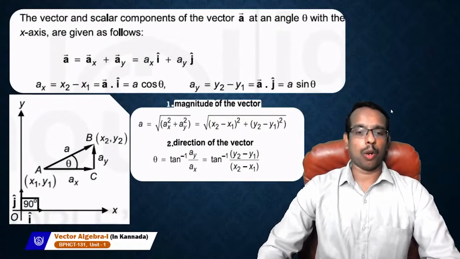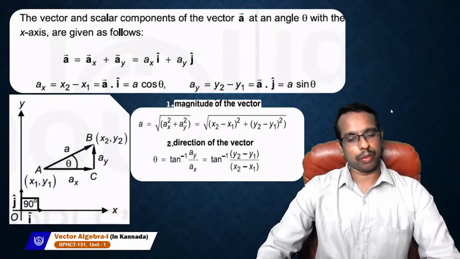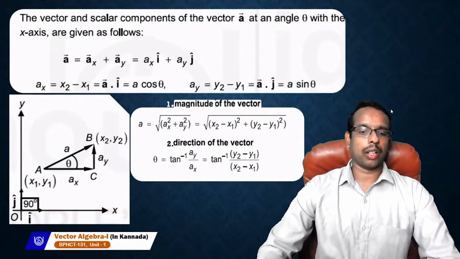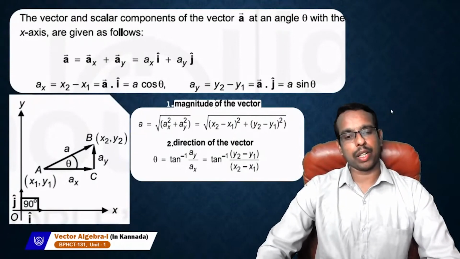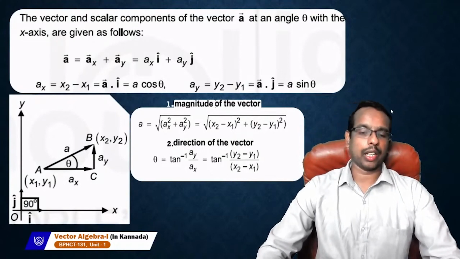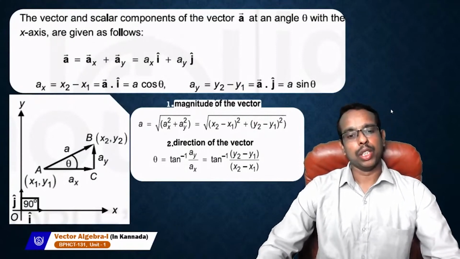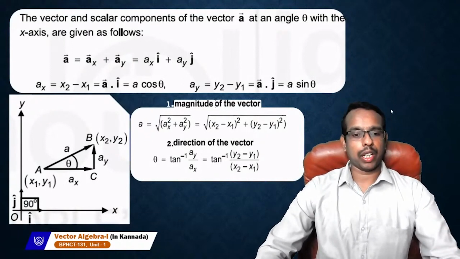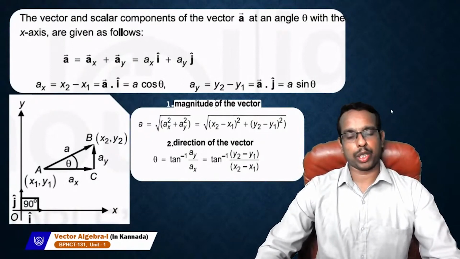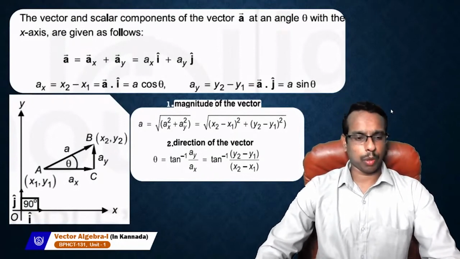You can take it in component form, or you can take the initial and final points. Similarly, you can write the projections ax and ay in terms of displacement. Displacement depends upon the initial and final points, so you can replace ax and ay with x2 minus x1 or y2 minus y1. You can do anything possible.